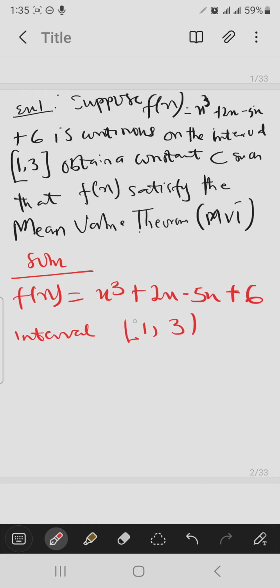One thing you need to know about this interval is that the moment you are given a coordinate like this, it would normally mean x or y.